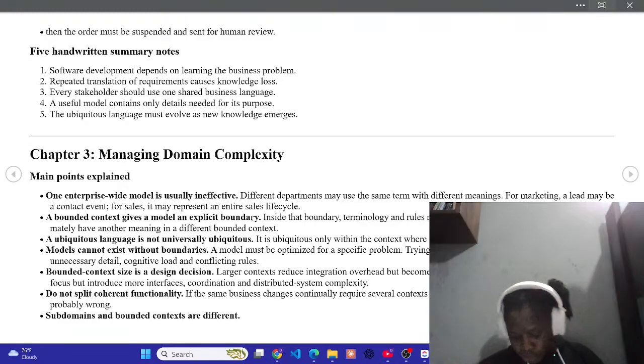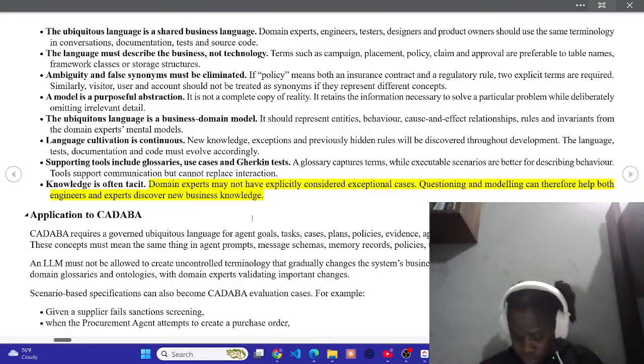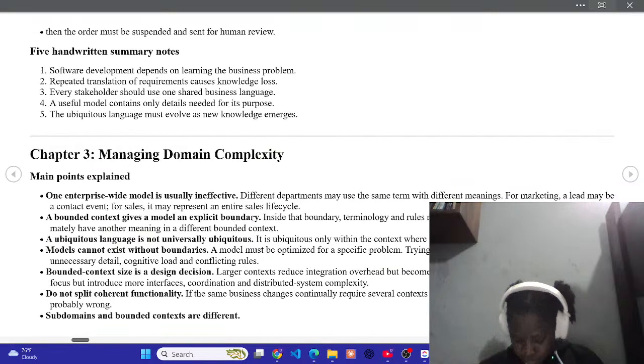All right, so chapter 2 discusses discovering domain knowledge. So basically, we've been working with domain knowledge, and of course, most of us are data engineers, software engineers, and data analysts.